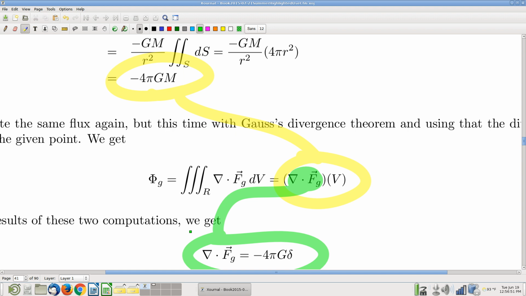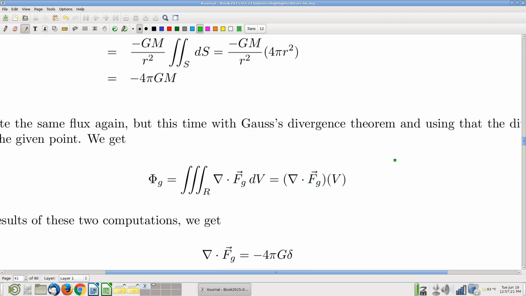We posed the further, seemingly more difficult question of what is the divergence of that gravitational field? And it turns out that after all is said and done, most of the mass in the cloud that's contributing to the gravitational field doesn't contribute at all to what the divergence is. Only the mass density where you are contributes to the divergence.